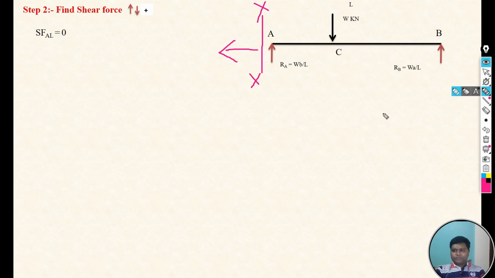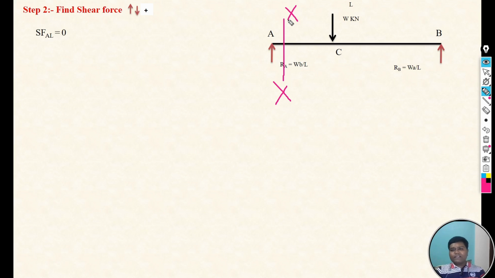Now the second thing, after that consider the section on the right of the A point, and then focus on the left of that particular section. If you see on the left, only one force is there, that is RA, and the direction of RA is upward.